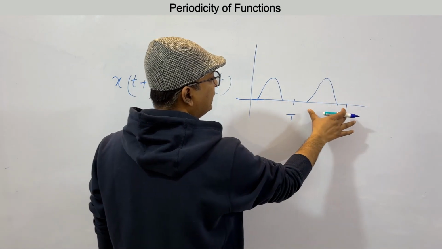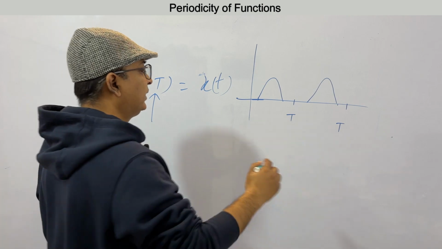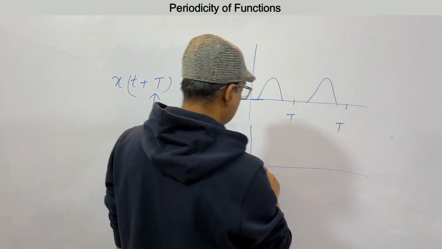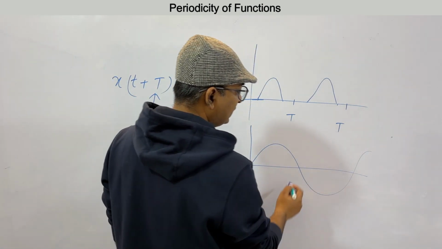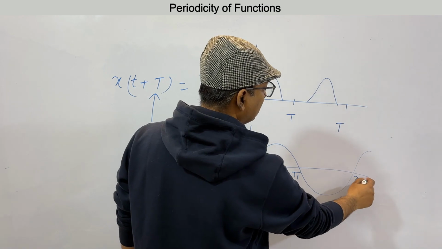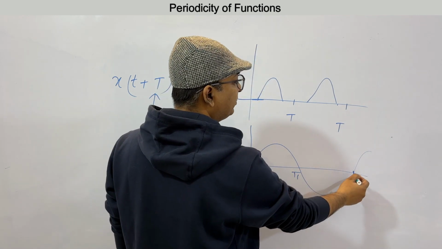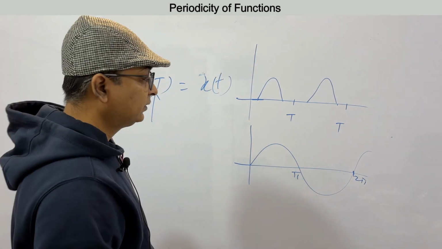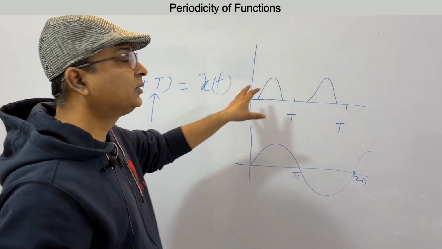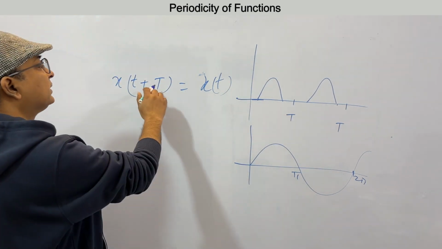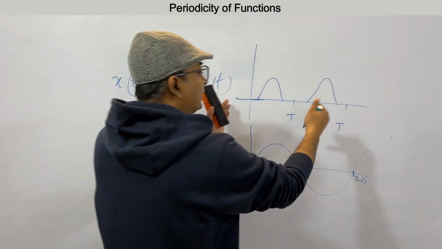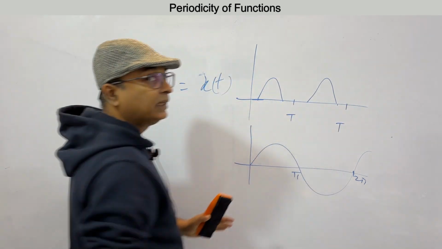So every T it repeats itself. A very common example is sine and cos wave. So this is pi, this is 2 pi. So after every 2 pi it repeats. So time period is 2 pi here for sine or cosine wave. This is periodicity. Clear? So x(t+T) is x(t). That is after this time interval we get the same wave.